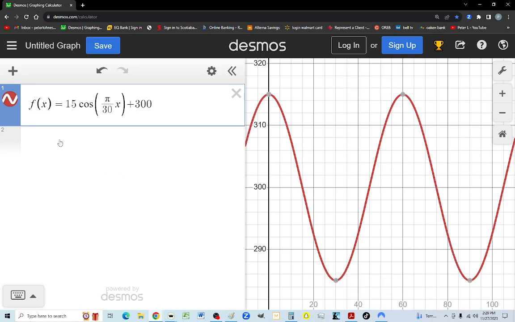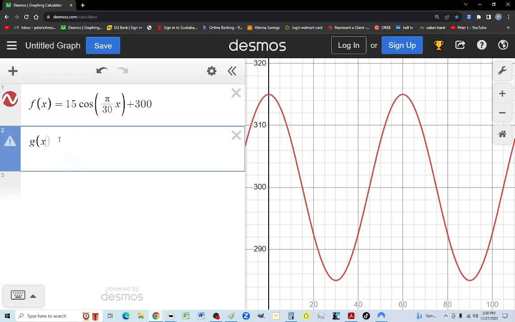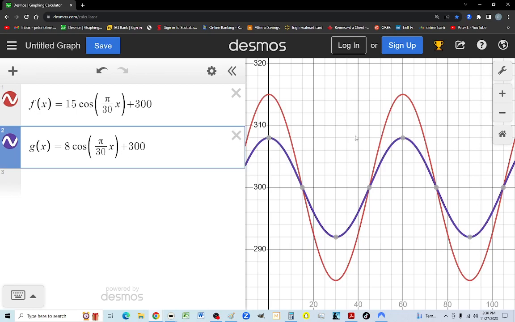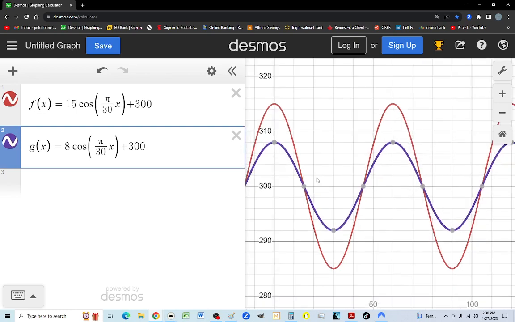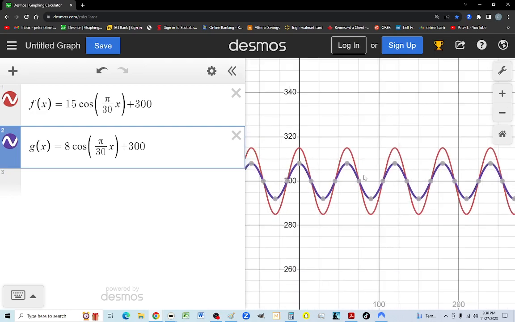Now, for the hour hand, which is 8 cos pi over 30 x, the amplitude is 8, and the axis is still 300. The hour hand is going to have much smaller distances traveled because it's a shorter arm. But it will still meet up with the minute hand at the 60-minute mark.